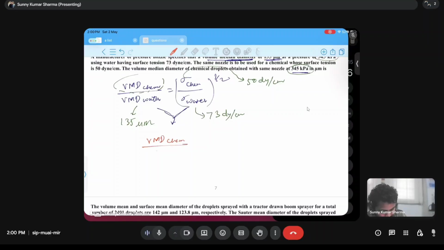VMD of chemical by 135 micrometer is equal to 50 by 73 to the power 1 by 2.